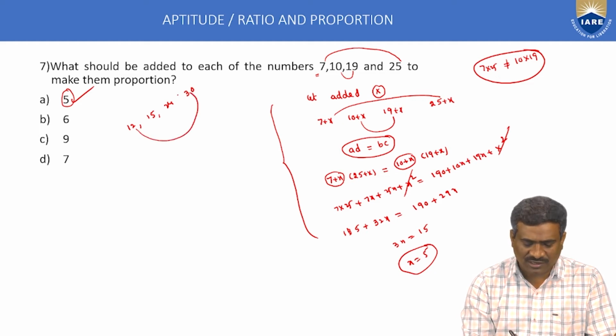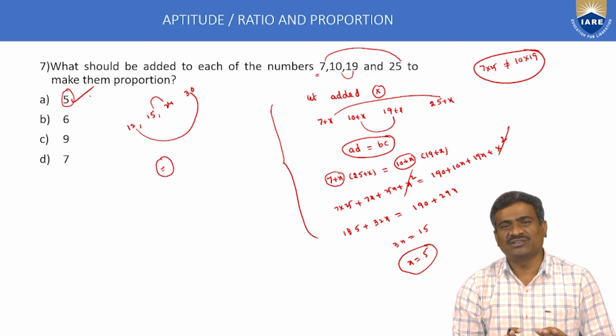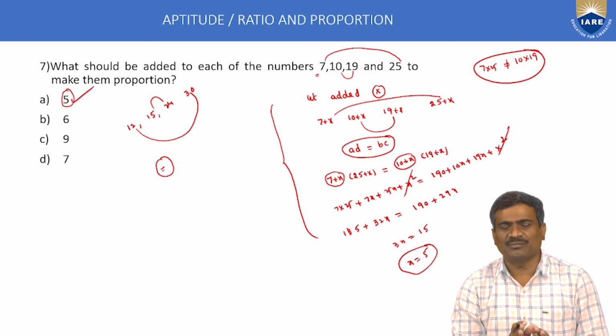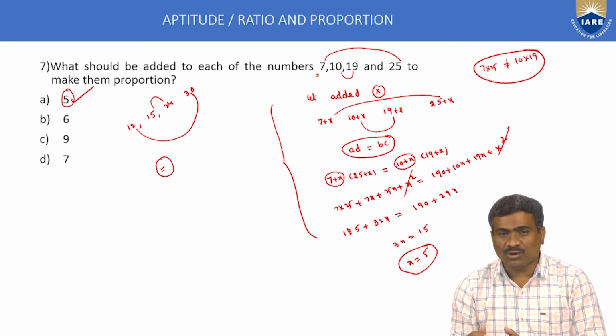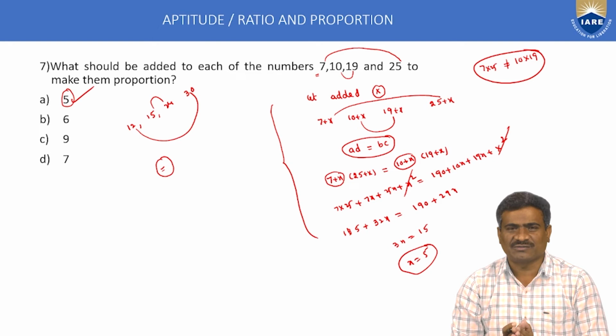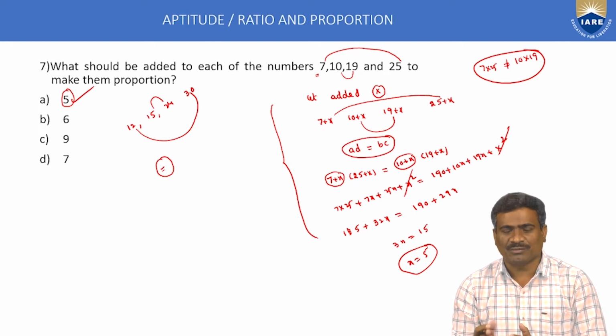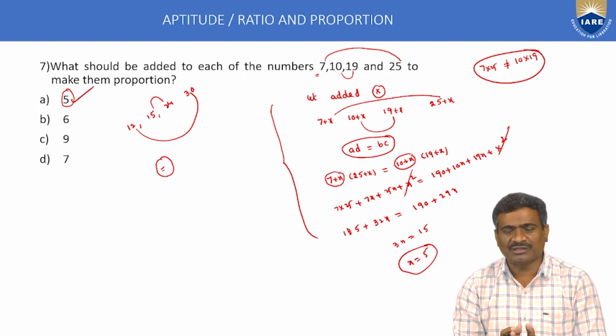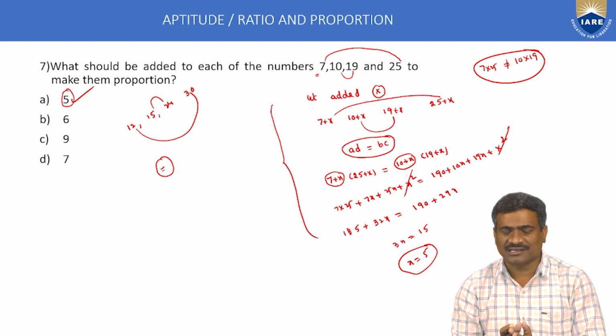Product of extremes is equal to product of means. When LHS is equal to RHS, that option only is correct. This is the second method by using option verification. The first is the equation solving method to calculate the x variable. Both methods indicate the same answer. Answer is equal to 5.